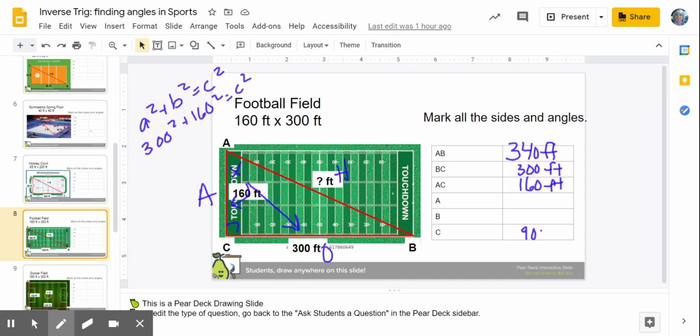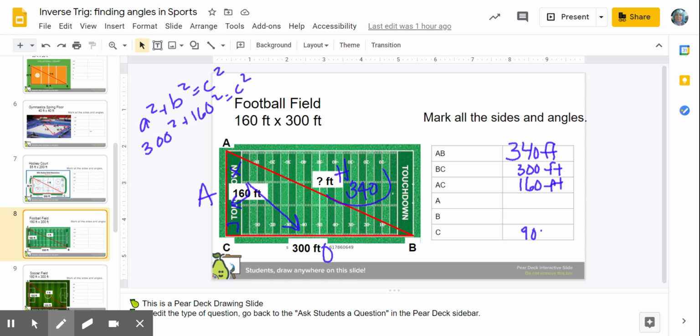So do we want to use sine, cosine, or tangent? We can use sine. So we know that this hypotenuse, that was AB, that's 340.